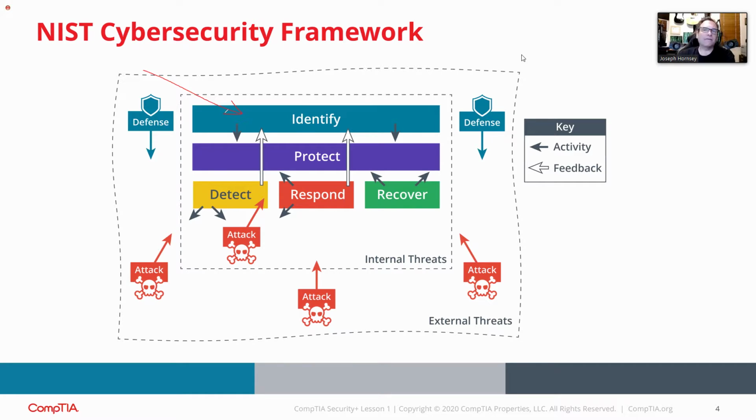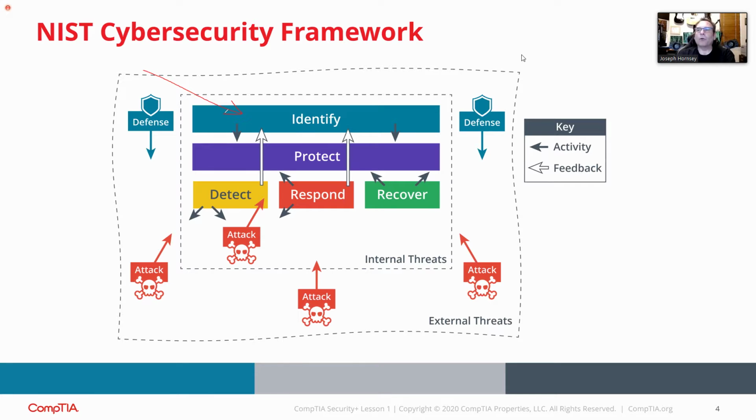Once we've identified the different threats, we put systems in place and that sort of thing. The next step is protect. And this is going to be an ongoing thing. Actually, all of these are ongoing, but identifying is, like I said, you do your risk assessments, you do your vulnerability assessments, things like that. And you identify what's out there and what you need to protect. The protect function is where you actually do the implementation.